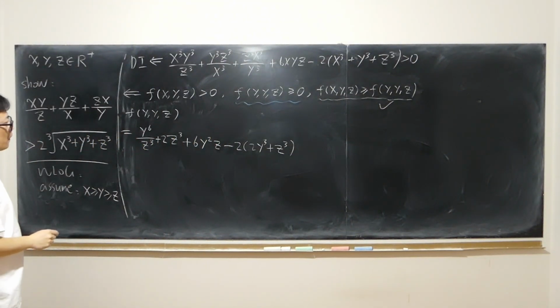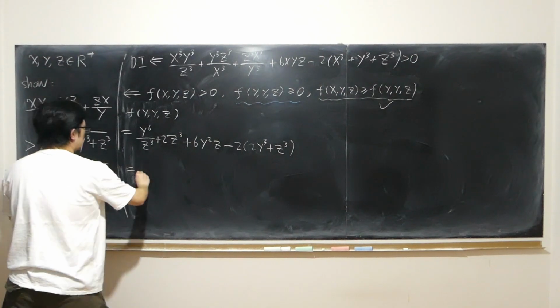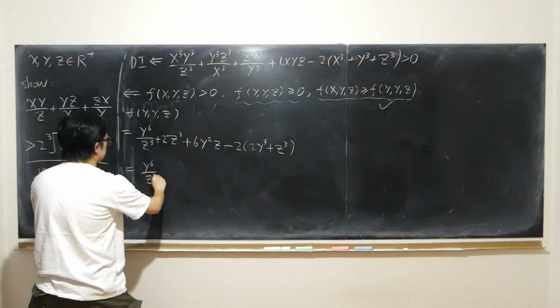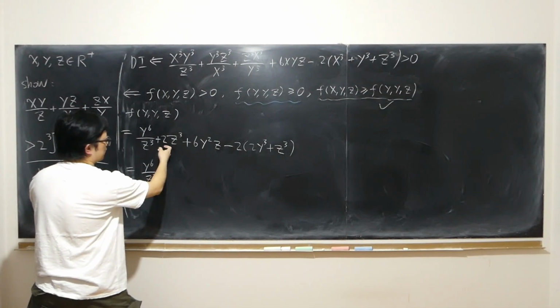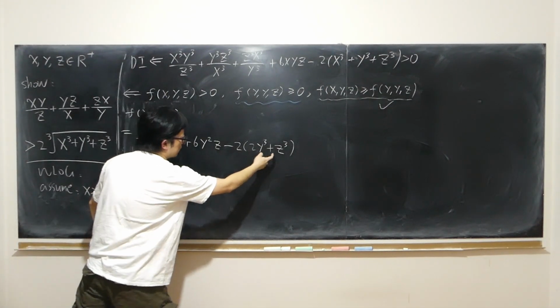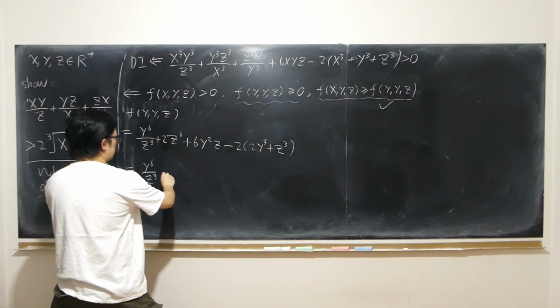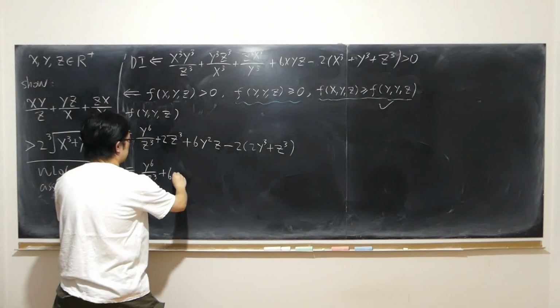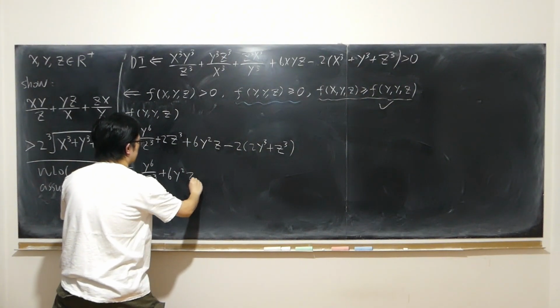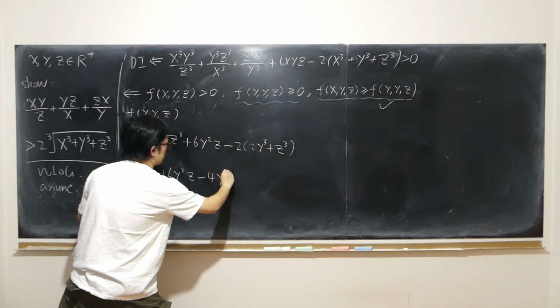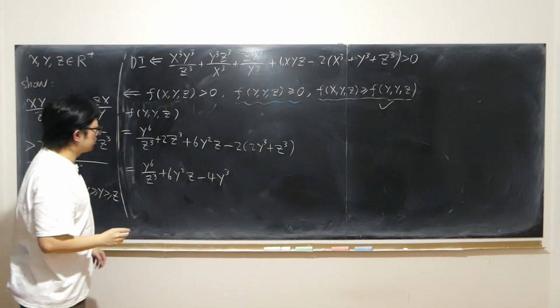Right, so immediately y to the 6 over z cubed, twice z cubed minus twice z cubed cancel, and copy this down: 6y squared z minus 4y cubed. The z cubed is cancelled.